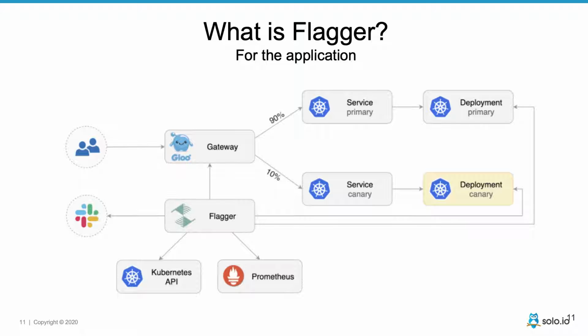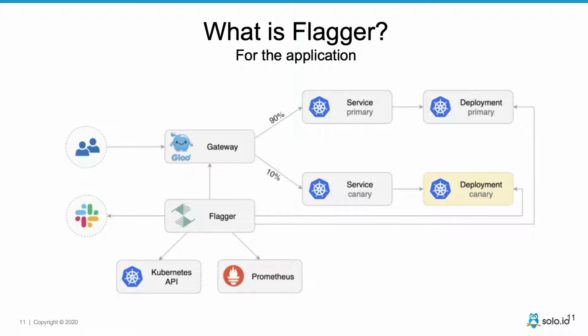So we'll be looking at how Flagger detects that a new version of the application is available. It will automate changes into Gloo Edge API gateway to control how traffic is being directed to the old and the new version of the application.